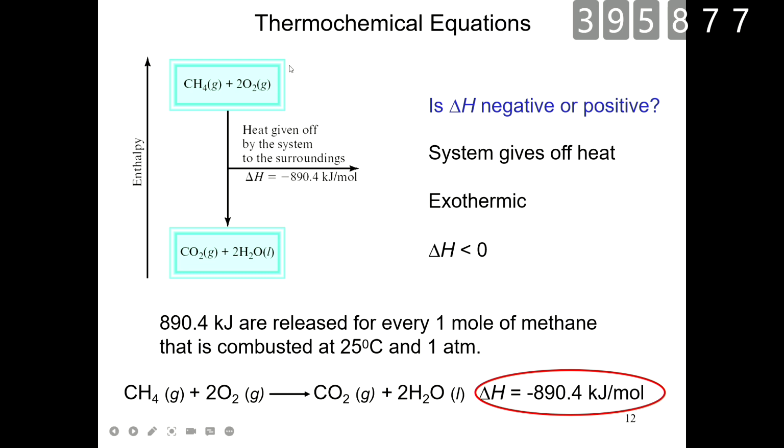So this is about the thermochemical equation. You can also find this kind of equation in the book. For all reactions, there is an enthalpy change, and of course this enthalpy change is about the chemical energy change.